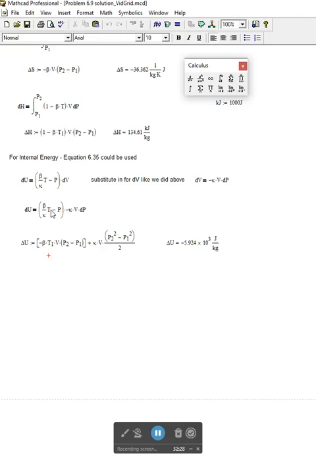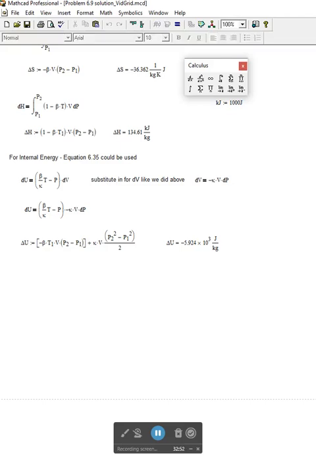The integral of dP is just P. So we get P2 minus P1 in this term, and P2 squared minus P1 squared over 2 in this term. And we do our delta U calculation. Our delta U is minus 5,924 joules per kilogram. Again, if I want to change it to kilojoules per kilogram, that's great.